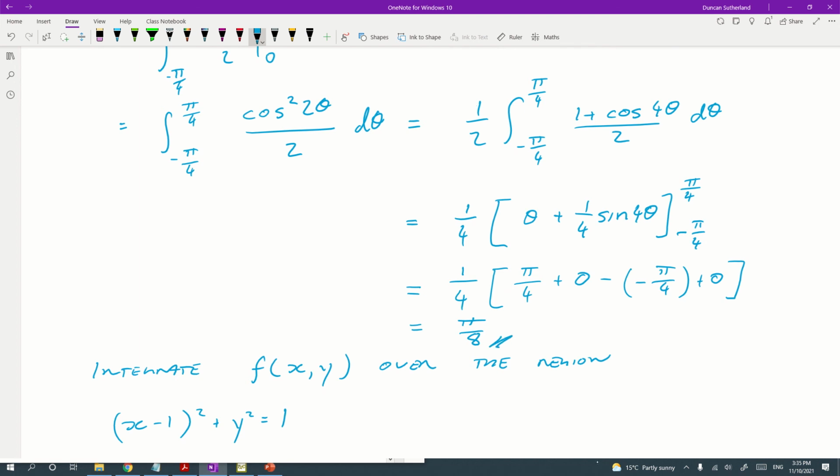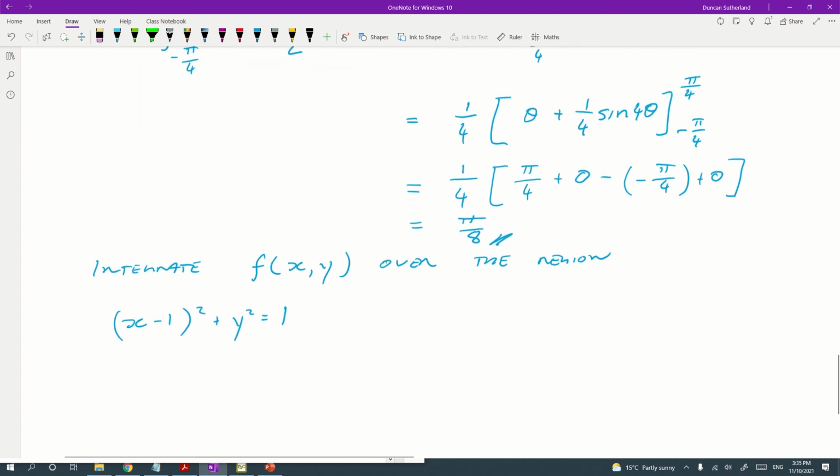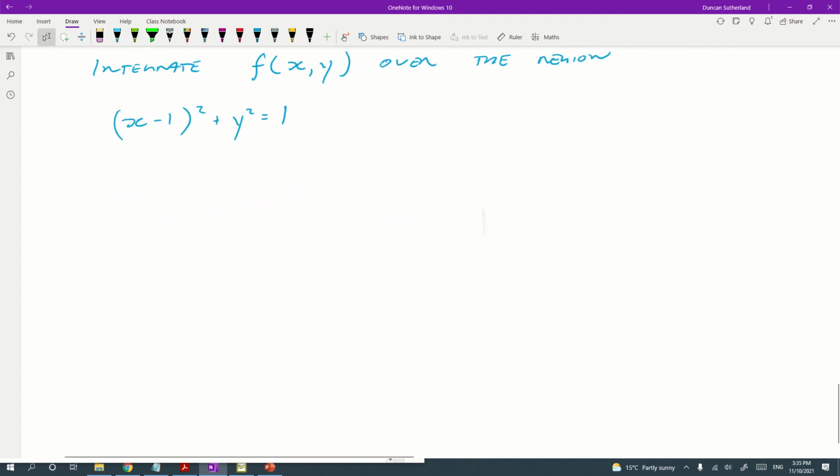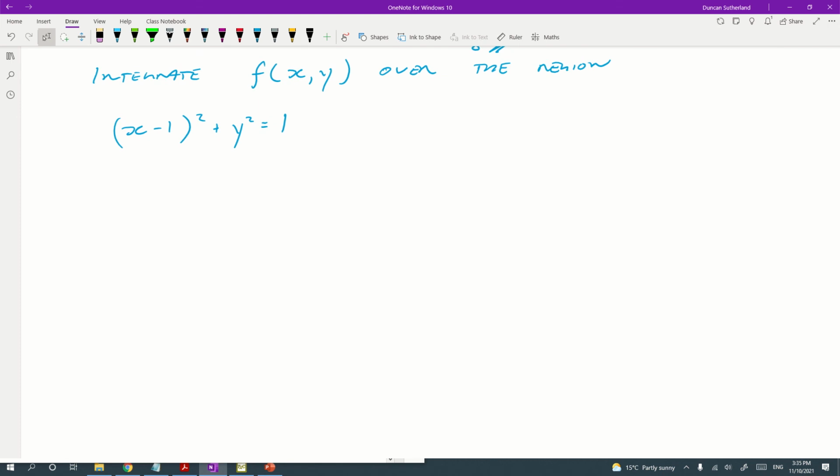All right. The last one we're going to do is this problem here. Integrate some f of x, y over this region, x minus 1 all squared, plus y squared equals 1. So let's sketch that region first. So it's a circle, but it's centered at 1 in x and 0 in y.